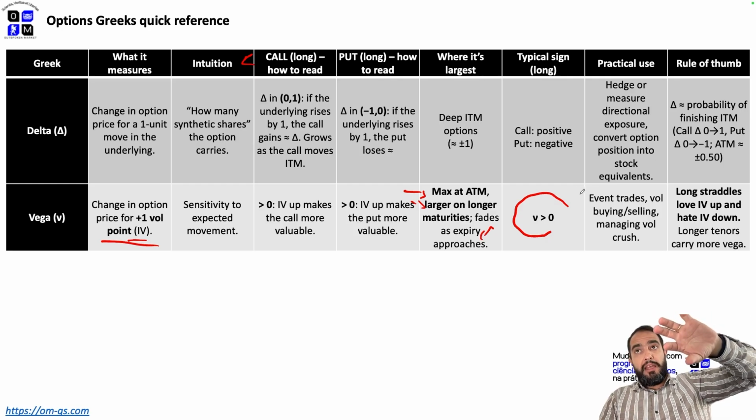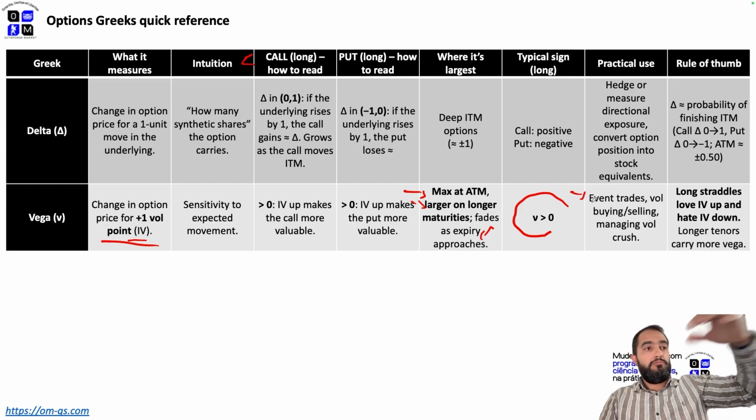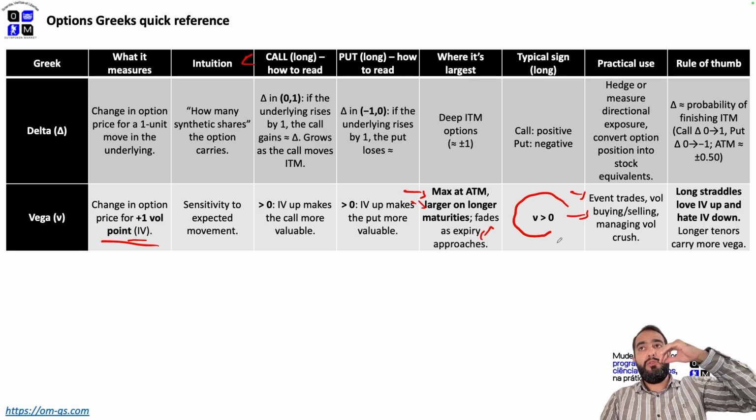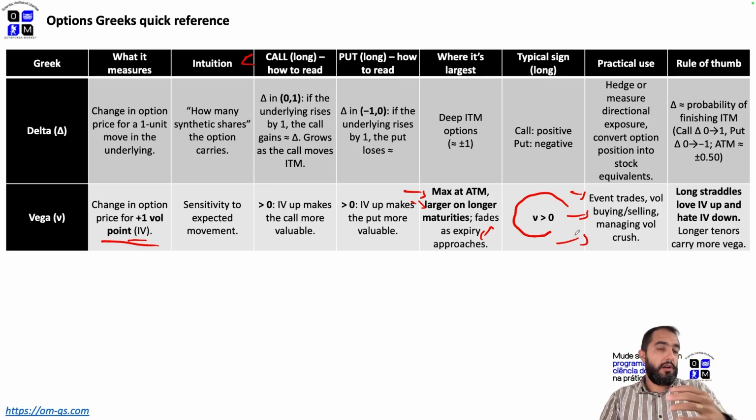Now, if we have event trades like Fed announcements, or any other things, or you are thinking about managing, buying or selling volatility, expecting a crash or some stability, this is one of the things that you have to look at.